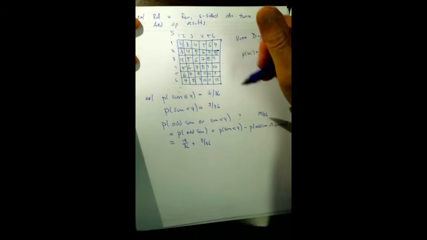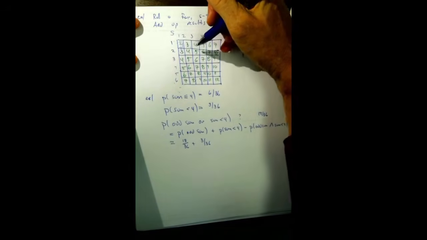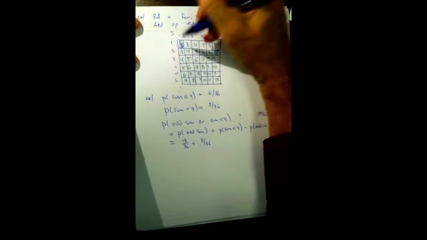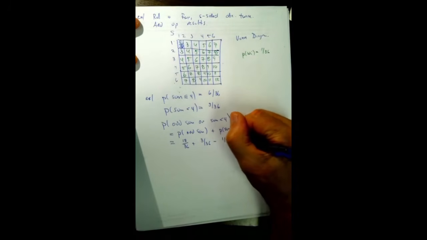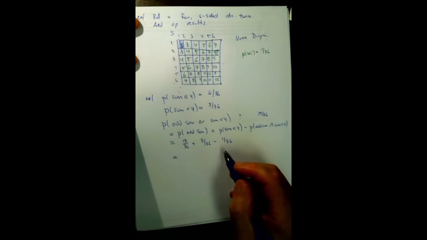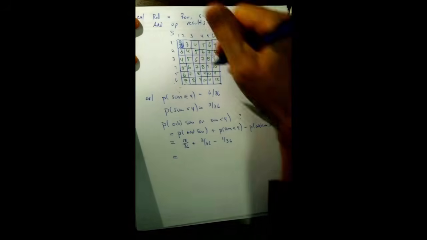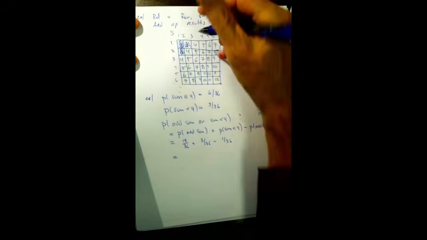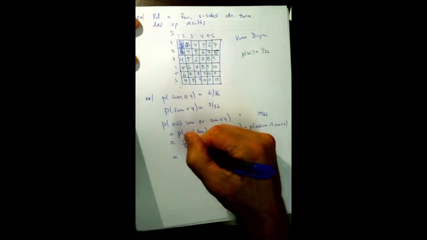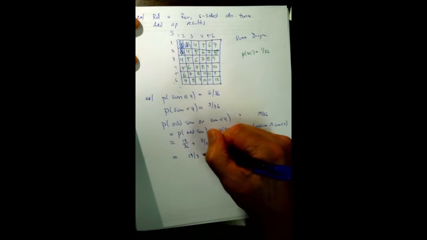And the probability that the sum is odd and the sum is less than 4 is basically that, so that's going to be 1 over 36. Sorry, that's wrong. If the sum is odd and the sum is less than 4, that's these two. That's going to be minus 2 over 36. Gives me 19 out of 36. I get the same answer.